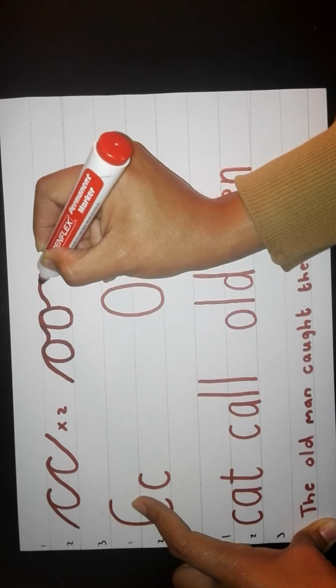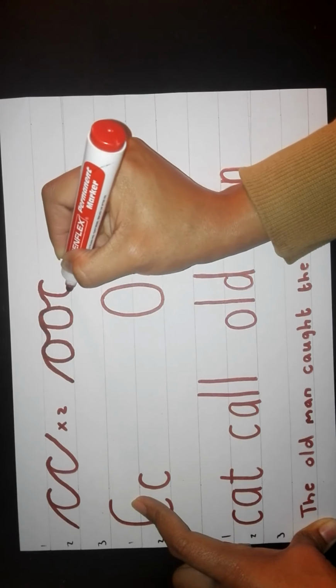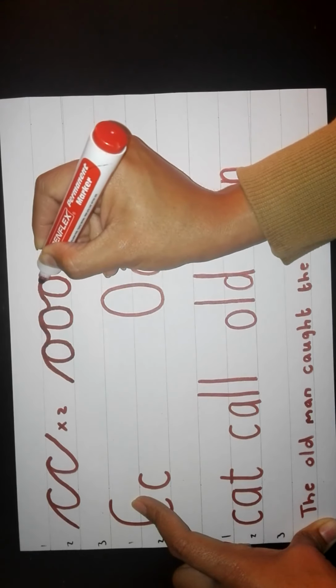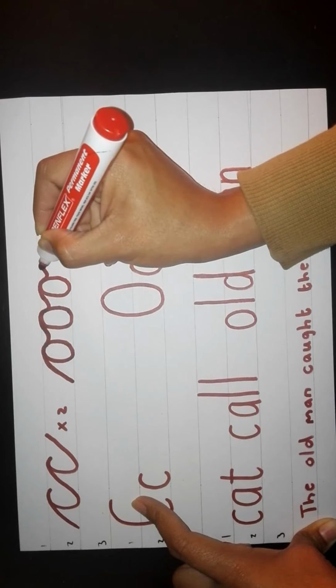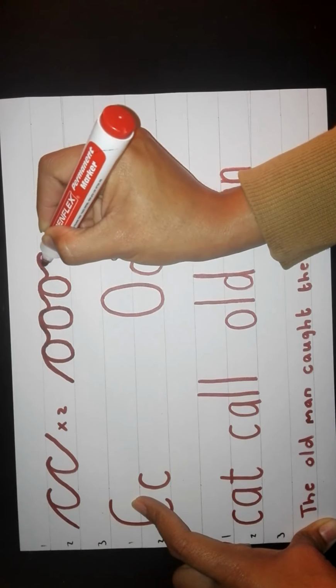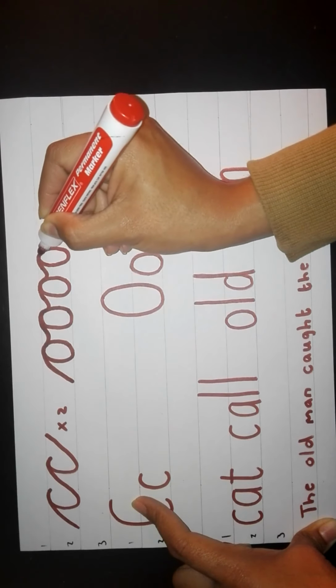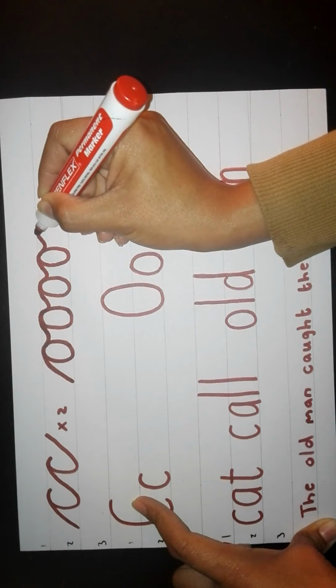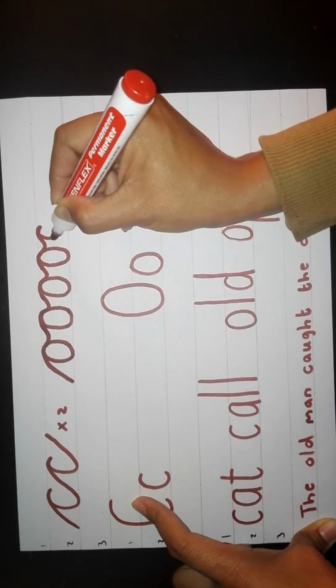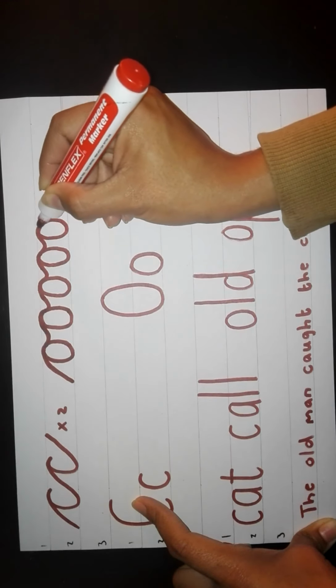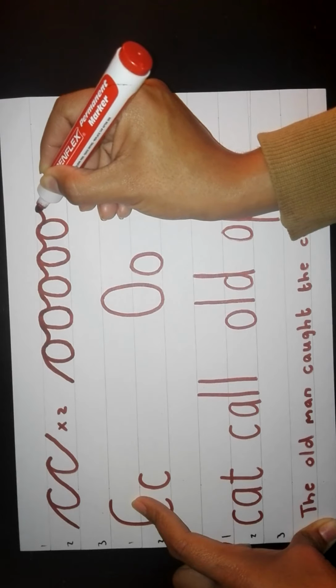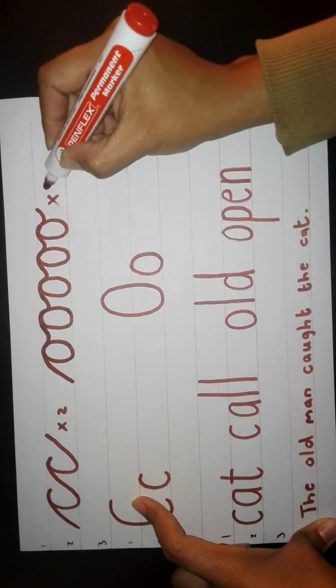And I make a K, around, little down, smiley face, K, around, a little down, make a smiley face, K, around, little down, make a smiley face, and finish. 2 times, please.